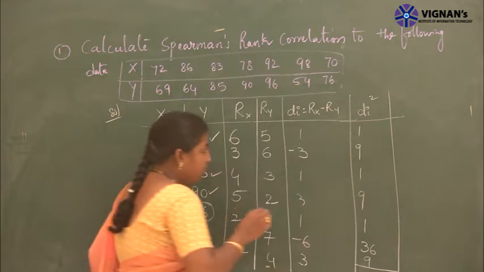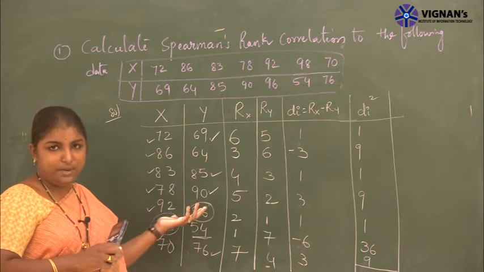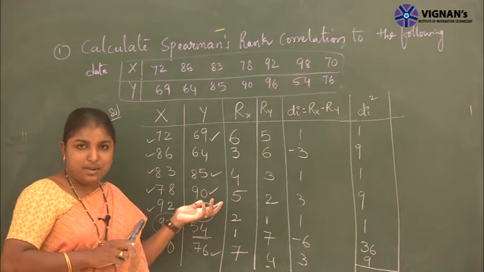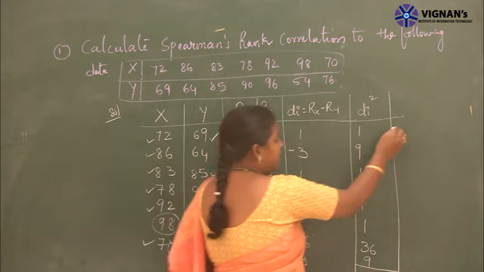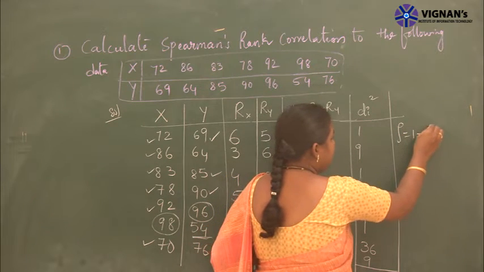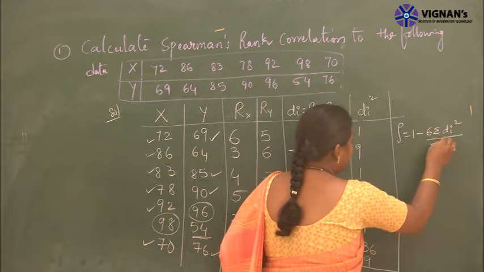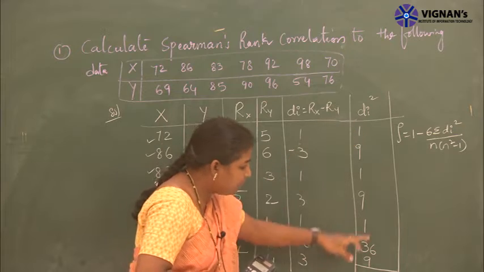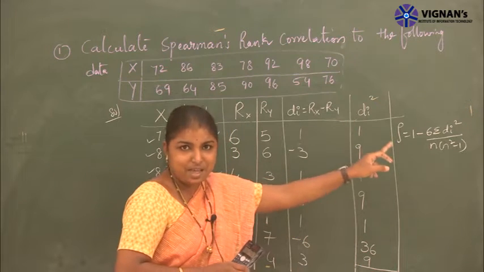We know that if the ranks are not repeated, the Spearman's rank correlation formula is rho equal to 1 minus 6 into summation di square by n into n square minus 1. These are the di square values, and we sum all of them to get summation di square.